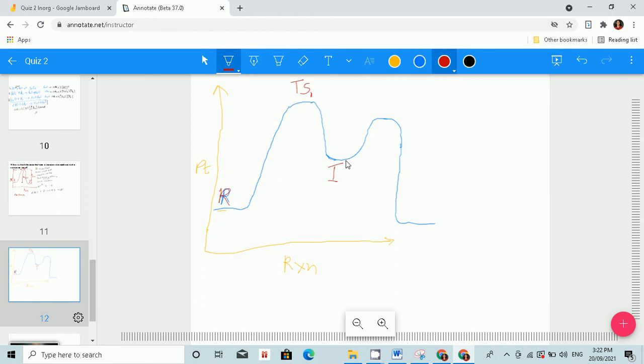And then the initial product, or the intermediate, was used again as a reactant for the second step. Okay, now that's the time we form transition state 2. And then finally, the transition state 2 goes down and then has formed a product.